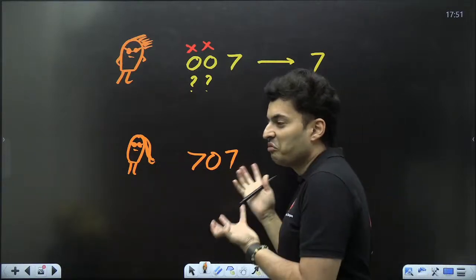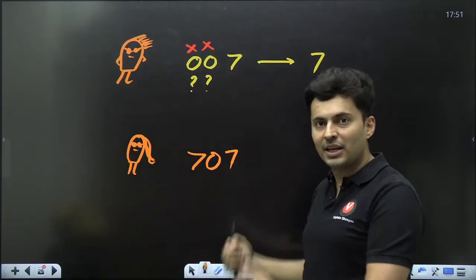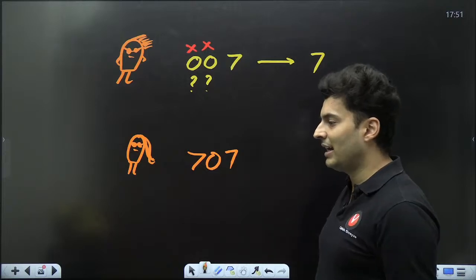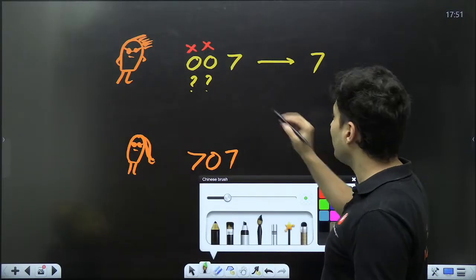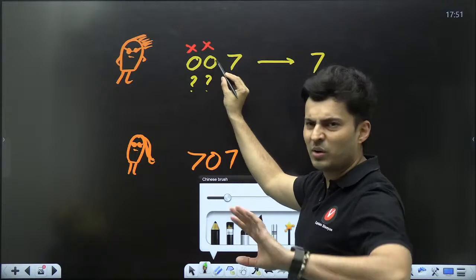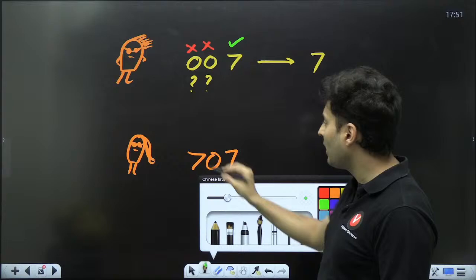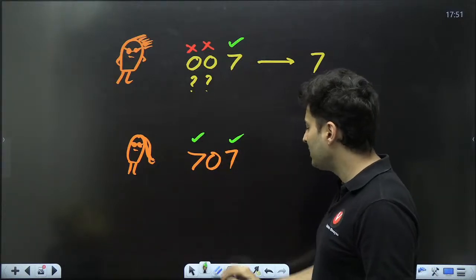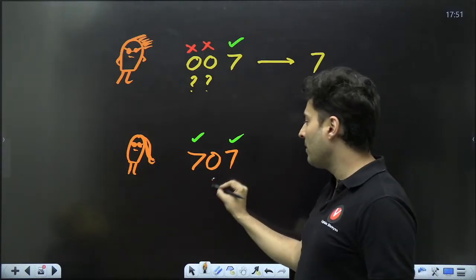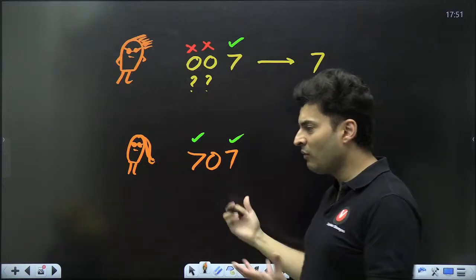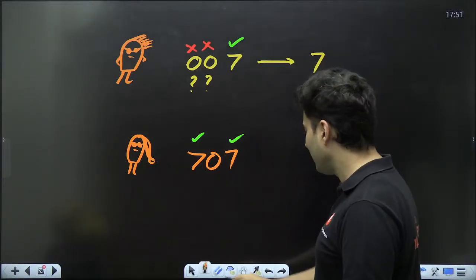Is it having some significance or no? Think carefully and answer. Because for Pandu, this 0 did not matter, only the 7 mattered. But for Champa, apart from these 7s, will this 0 matter in her code name or not? Yes, it will.